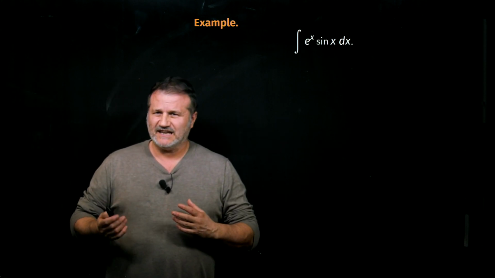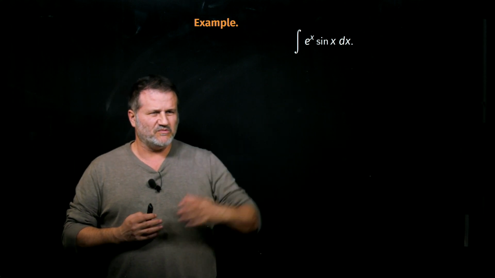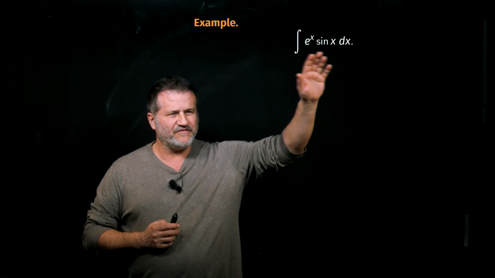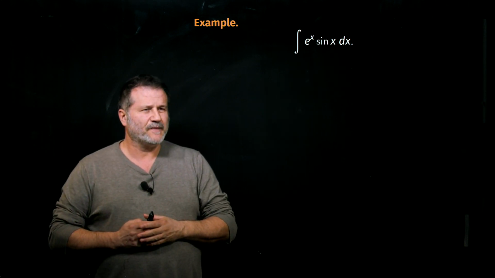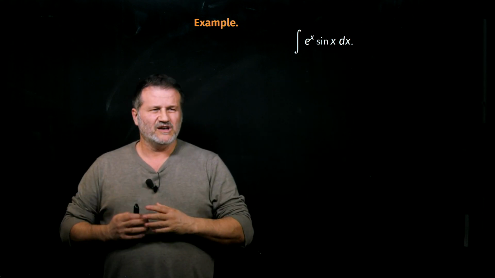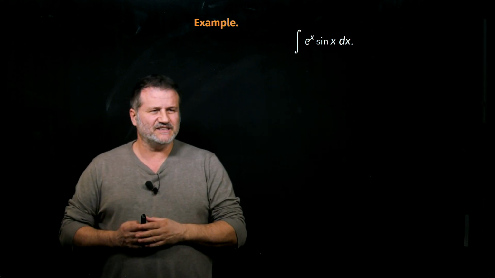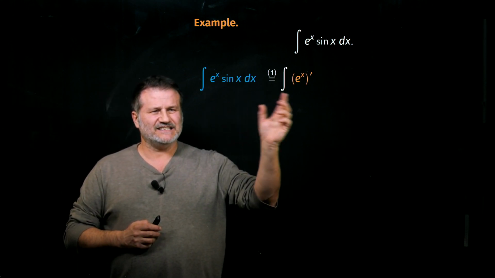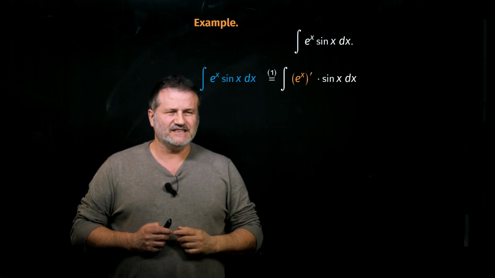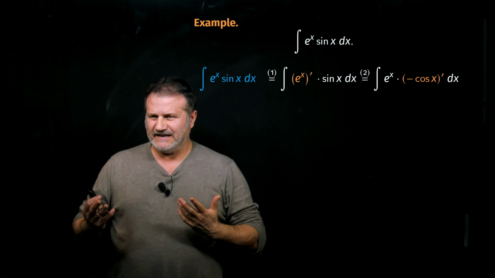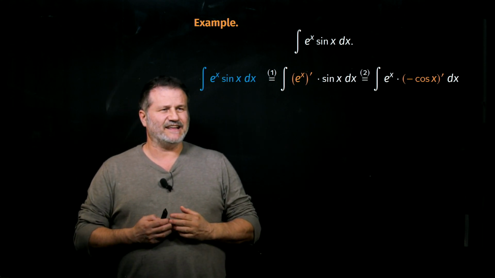In the next example, we still have a product, e^(2x) sine x, of which we want to compute a primitive. And also in this case, both factors can be seen as a derivative. But here, as you will see, the choice of which of the two to see as a derivative is actually indifferent. In fact, we can say that e^(2x) sine x is the derivative of e^(2x) times sine x, or e^(2x) times the derivative of minus cosine x, because this yields sine x.